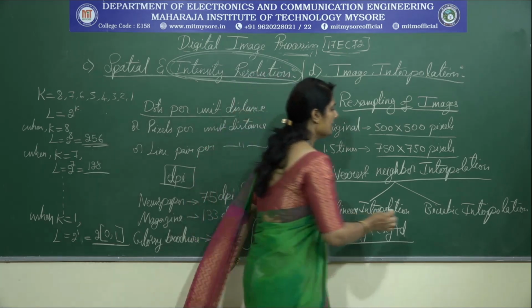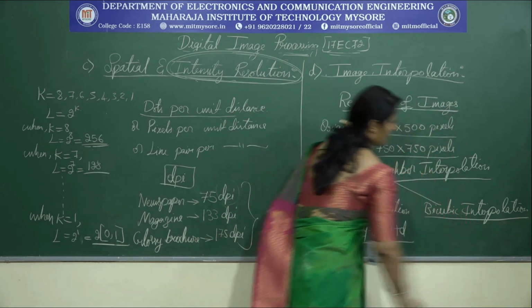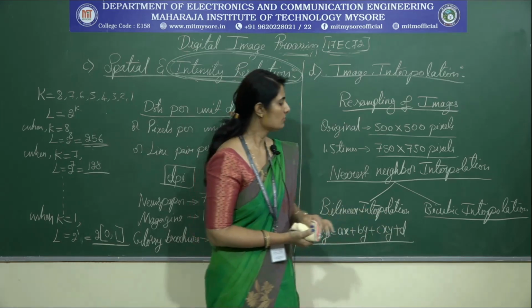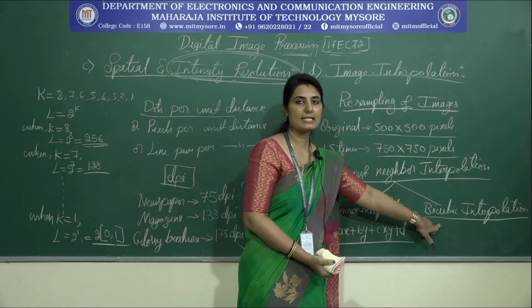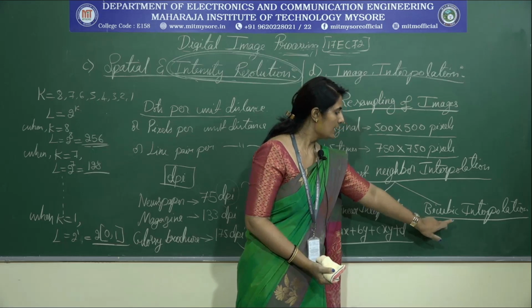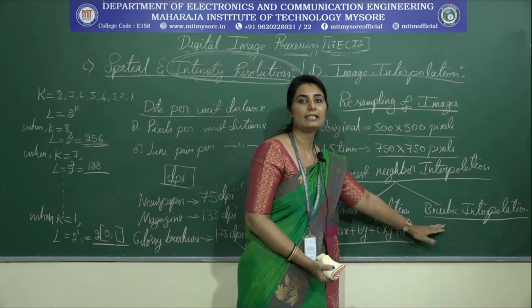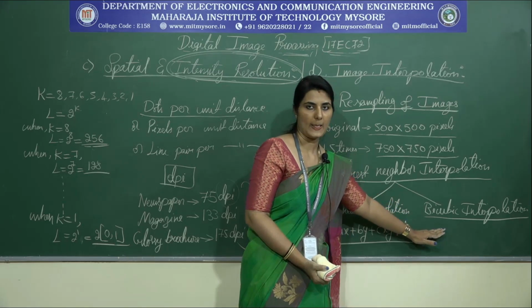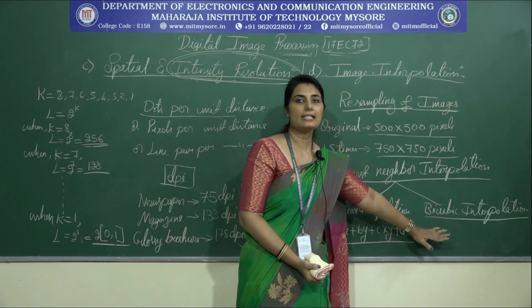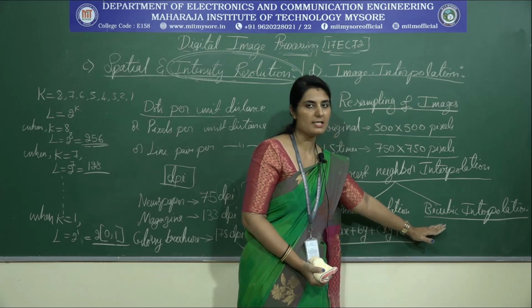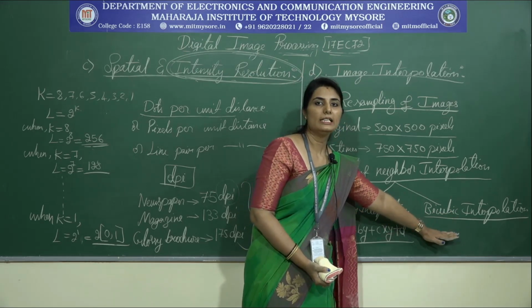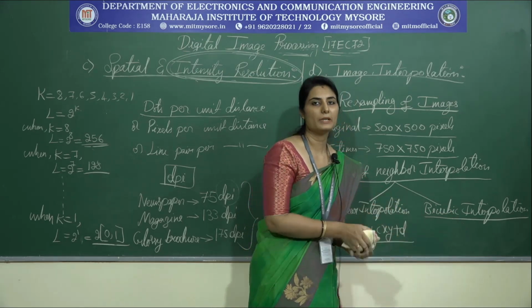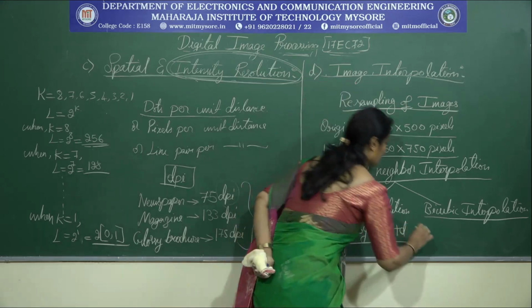Next, in bicubic interpolation, to assign a new intensity value to the new pixel, we consider 16 nearest neighbors of that particular pixel. By considering the intensity values of the 16 nearest neighbors, we assign a new intensity value to this new pixel using bicubic interpolation.